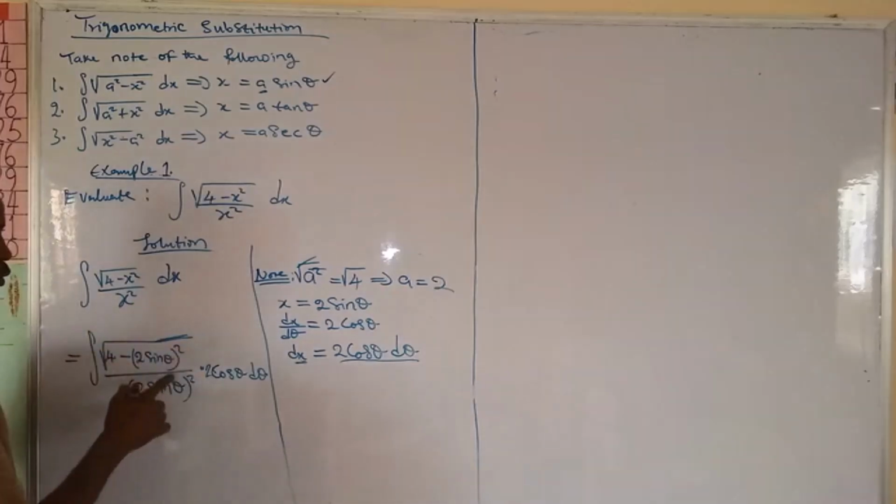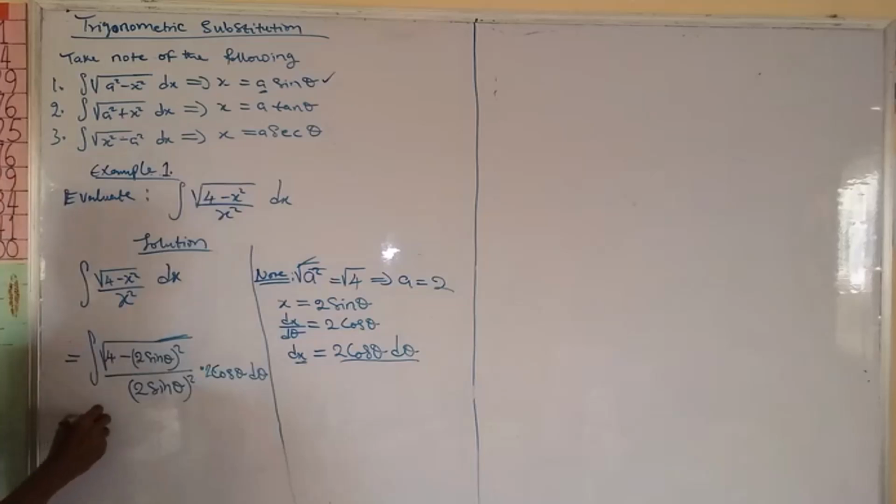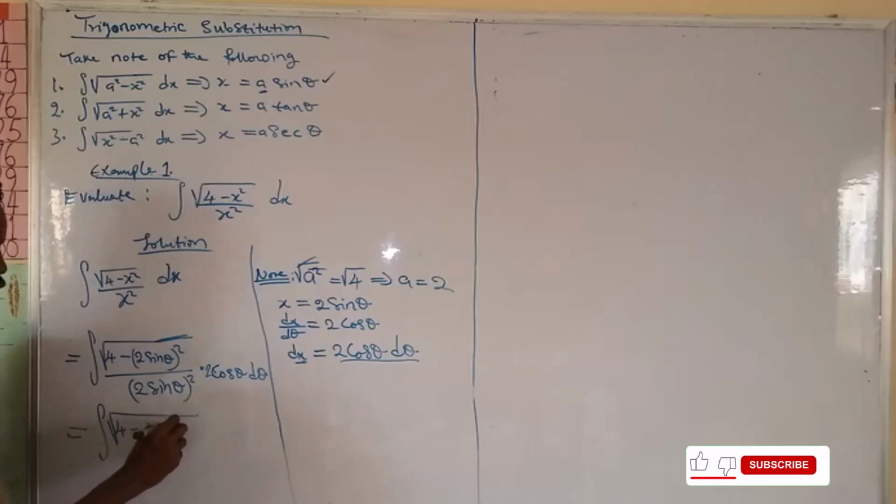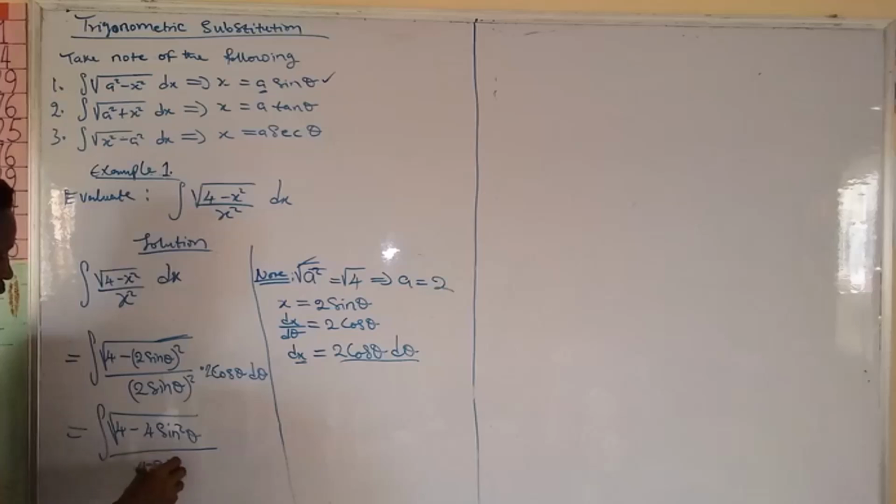So now what do we do? We can open these brackets. So we say this is equal to the integral of the square root of 4 minus 4 sin square theta, all over 4 sin square theta.